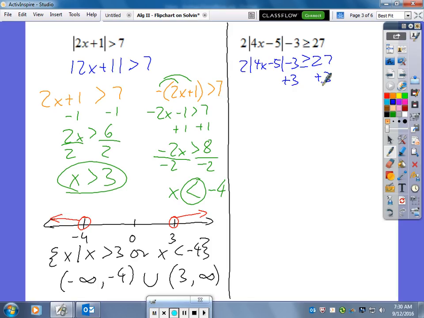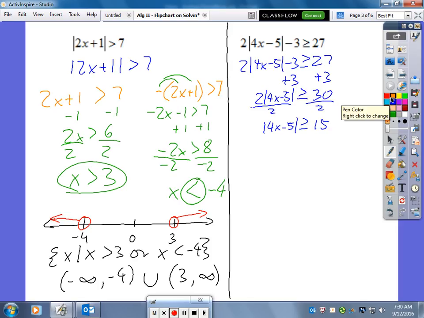First we have to add. Then we get 2 times the absolute value of 4x minus 5 is greater than or equal to 30. Divide by 2. The absolute value of 4x minus 5 is greater than or equal to 15.